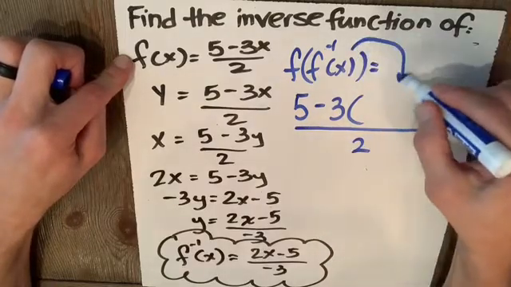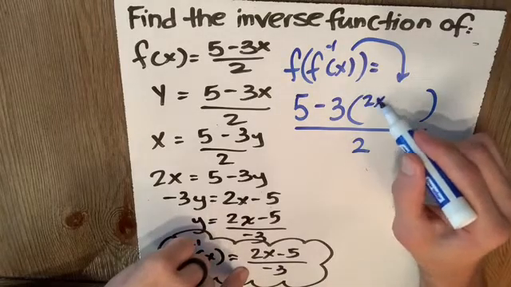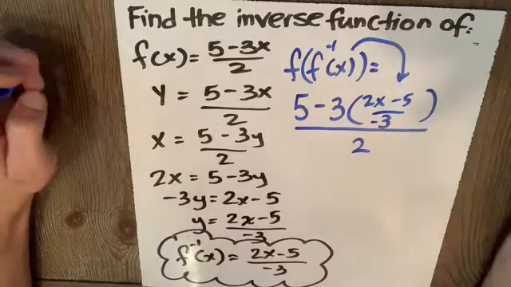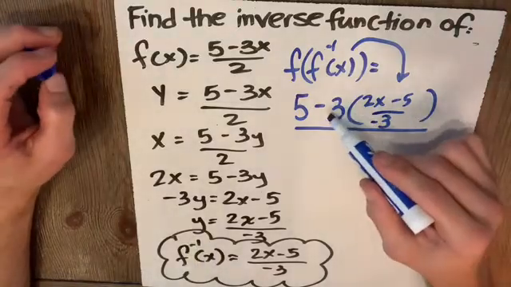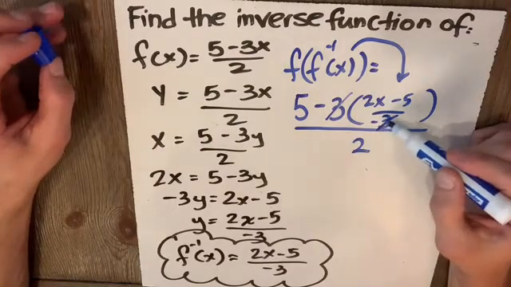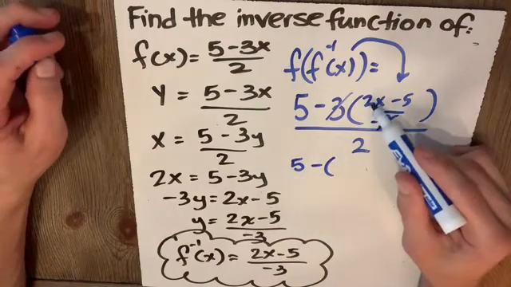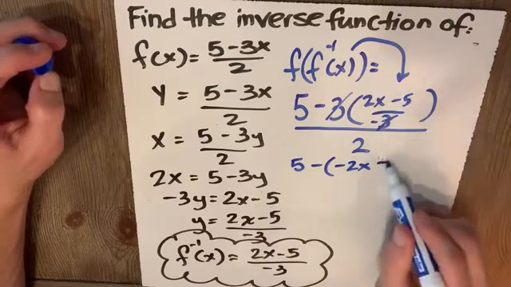And our input here is f inverse of x, which is equal to 2x minus 5 over 3 with a negative sign there. So I am going to cancel these 3's, and then I essentially have negative 1 in the denominator here. So I'm going to have 5 minus negative 1 dividing into 2x is negative 2x. Negative 1 dividing into negative 5 is plus 5.